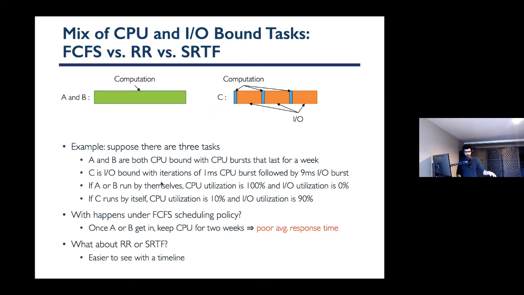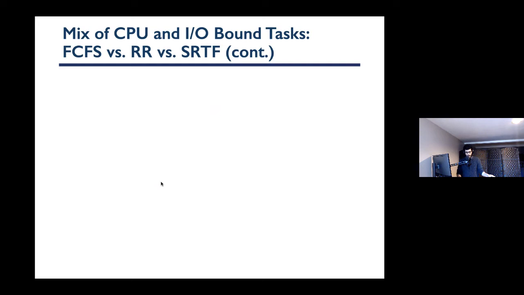It's easier to see it with a timetable. With round robin, we first have to talk about the length of the time quantum. Let's start with 40 milliseconds.